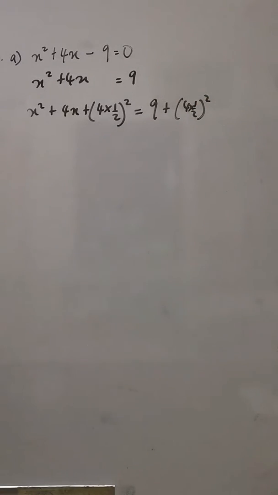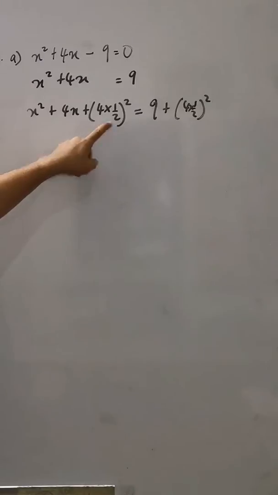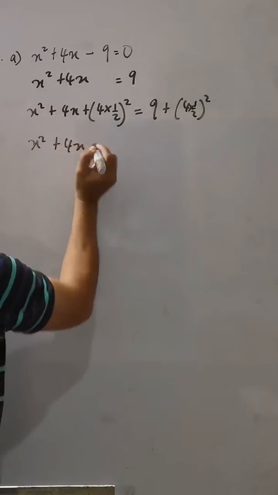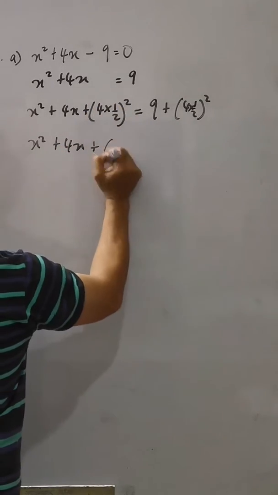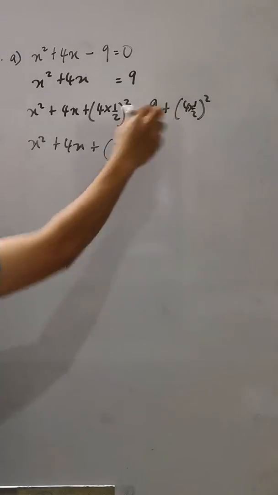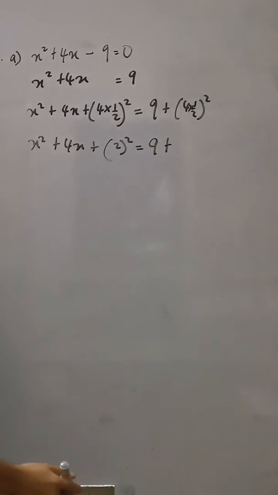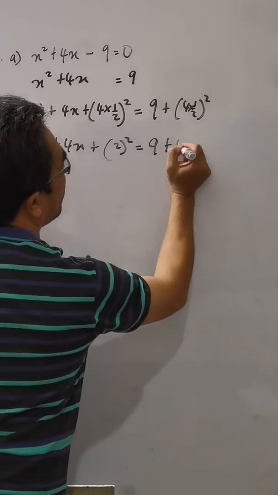Okay, so unlike the book, I will leave this in terms of squared. So x squared plus 4x, you simplify here. 4 times 1 over 2, you get 2. So leave it as squared. But for this one, because we want to calculate, 2 squared will be 4.